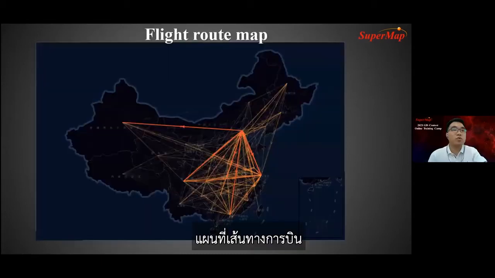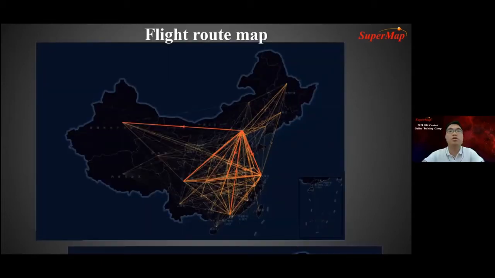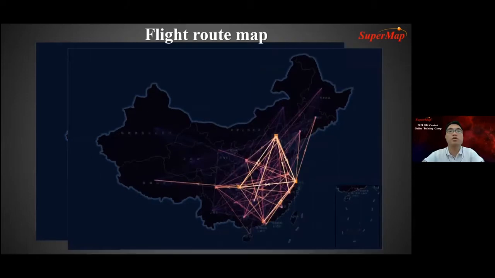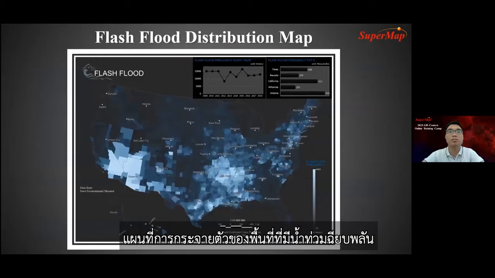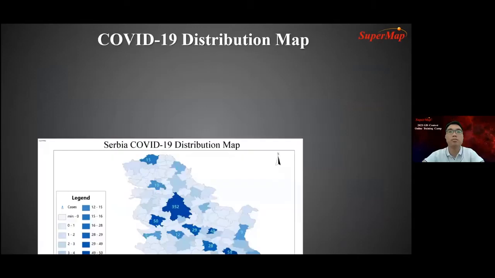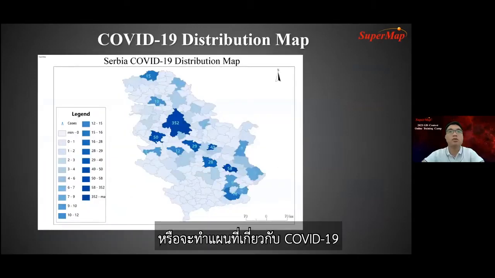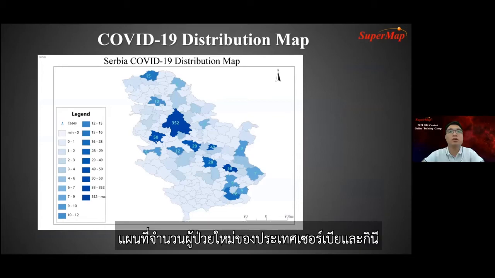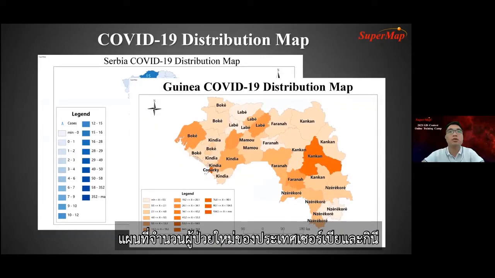And also the flight route map, the flash flood distribution map, and also you can make some maps of COVID-19. This is a distribution map of Serbia and Guinea.